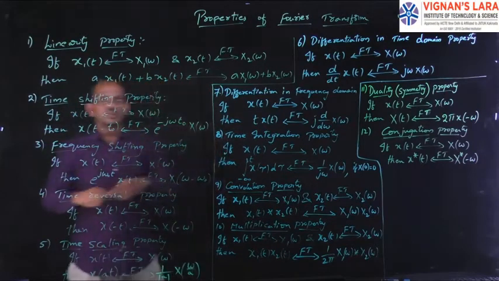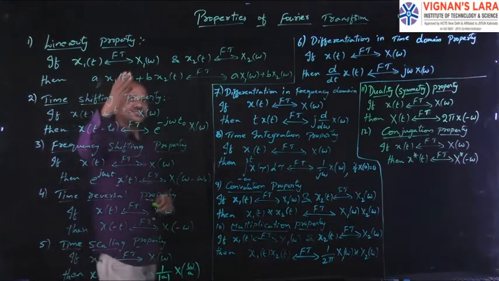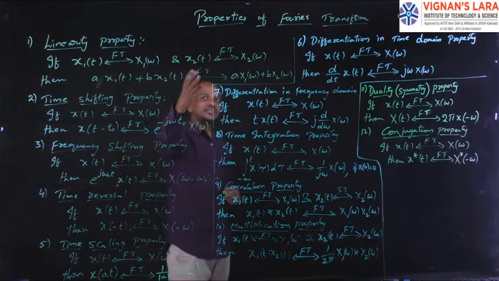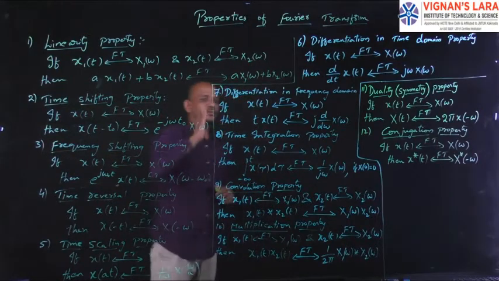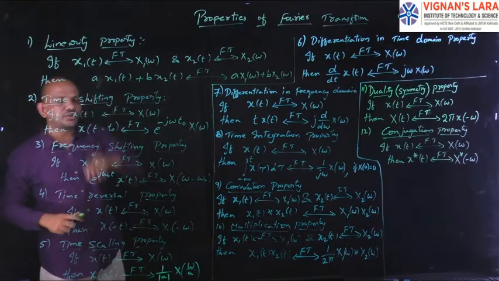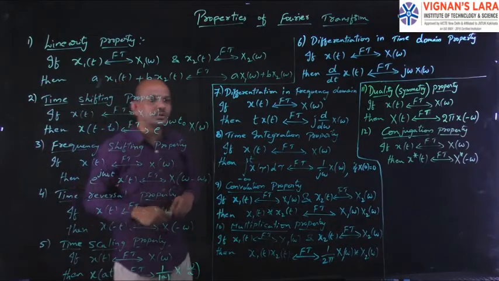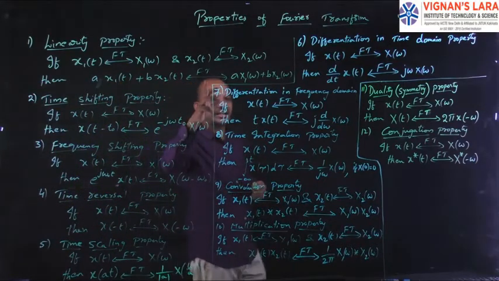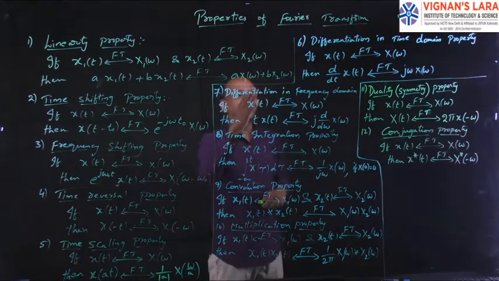For the input signal x1 of t, the Fourier transform is taken as x1 of omega, and for the signal x2 of t, the Fourier transform is x2 of omega. Then the linearity property states that a into x1 of t plus b into x2 of t will have a Fourier transform a into x1 of omega plus b into x2 of omega.